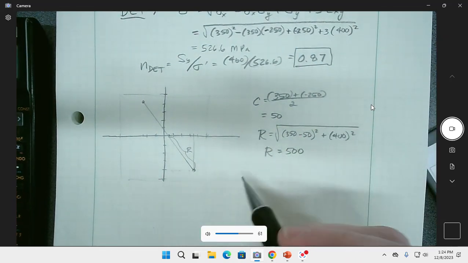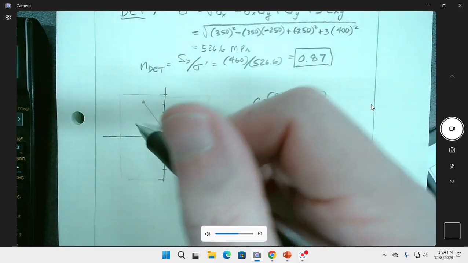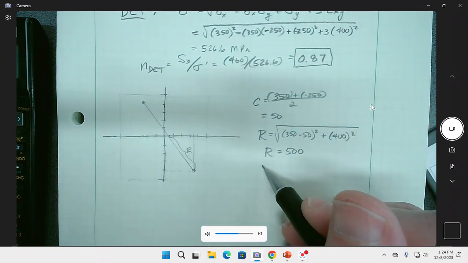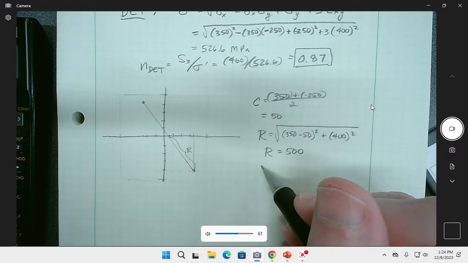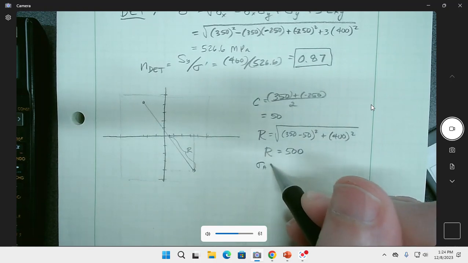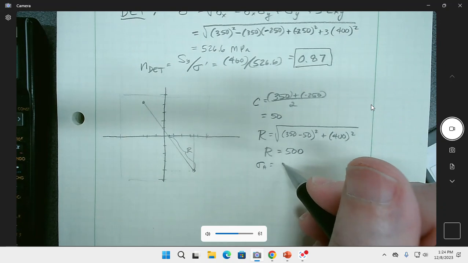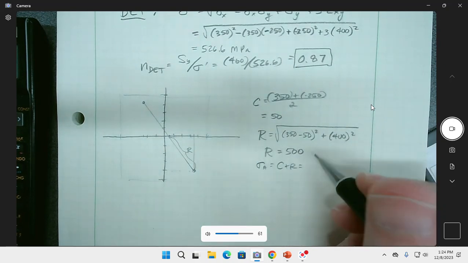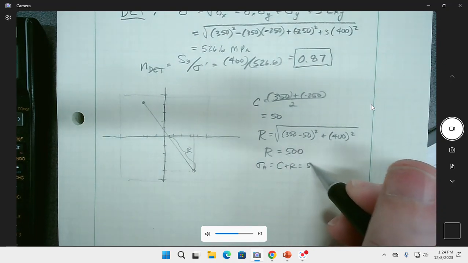And then we can kind of try to sketch this out. Well, first off, we might as well see what the values are supposed to be and then plot them in. This is sort of like cheater-like. So we'll call it sigma A is going to be C plus R, or 500.